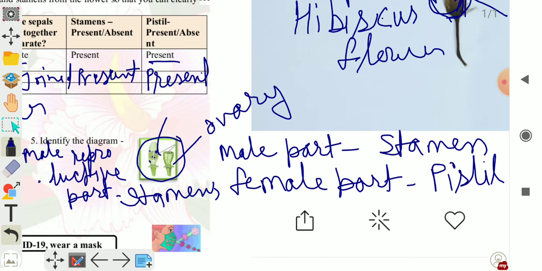These are called ovules, which convert into seeds. So this is the transverse section and this one is longitudinal section of ovary, and ovary contain ovules. Ovules convert in the seeds.